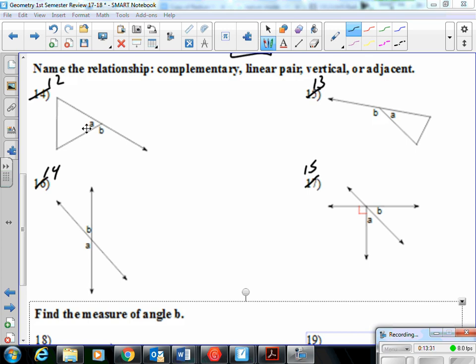So when we look at these two, they are side by side, which would make them adjacent. But we're going to go with the most relevant description. So adjacent is side by side, but since these are side by side and the two angles make a straight line, they're a little more than just adjacent. They are a linear pair.